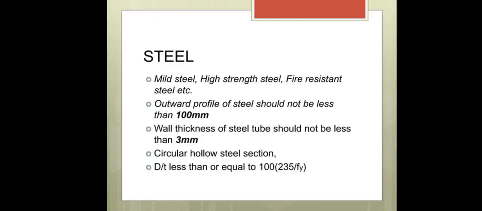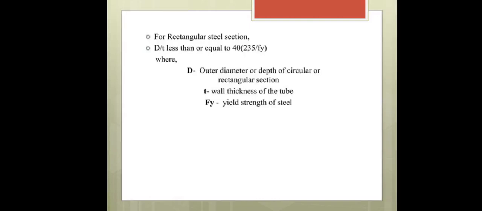The determination is also done by the D by T ratio, which is also depicted in the slide. The D by T ratio for the rectangular section is also represented in the presentation.